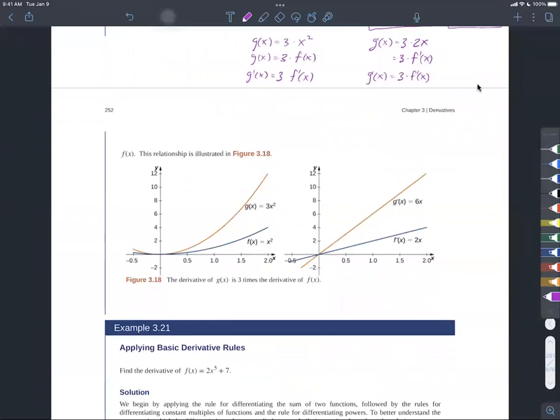Yeah, and so you see 3x squared is kind of a parabola that rises faster. Not only does it rise faster, but it rises 3 times faster. So its tangent lines are going to have slopes that are 3 times greater than the slopes of the tangent lines of f.